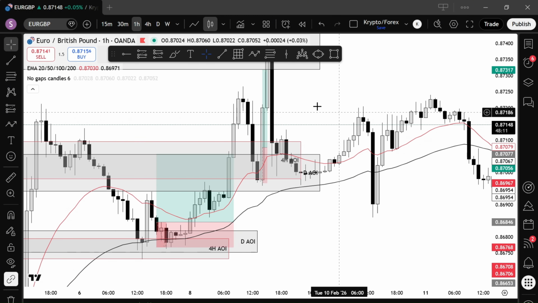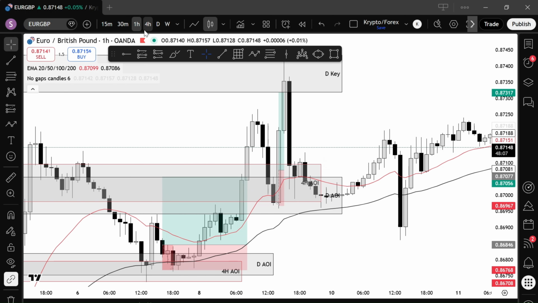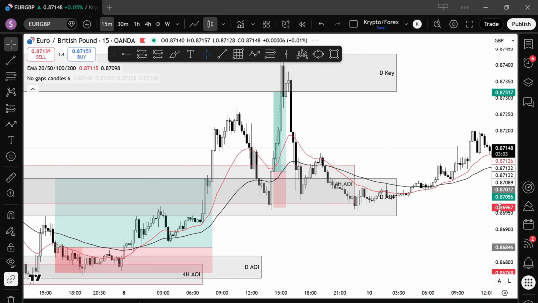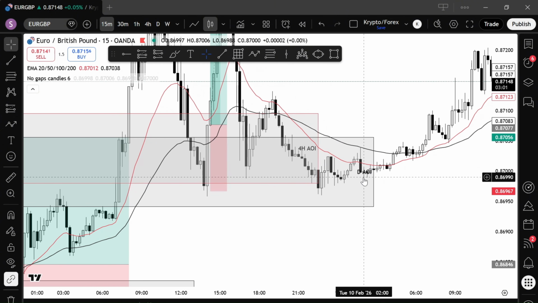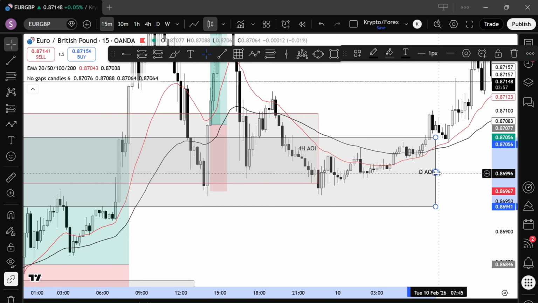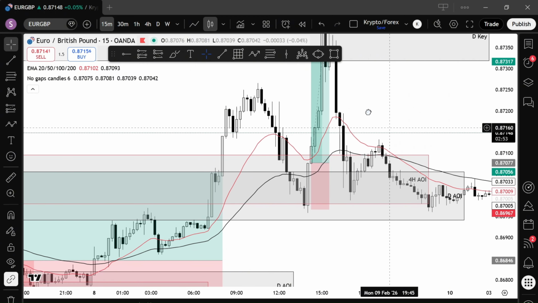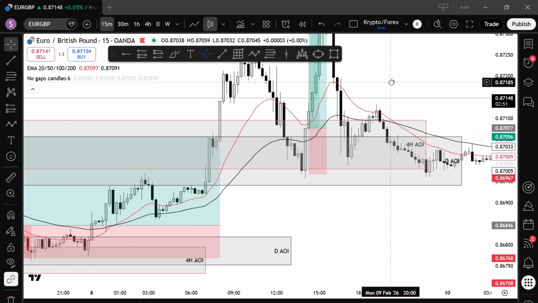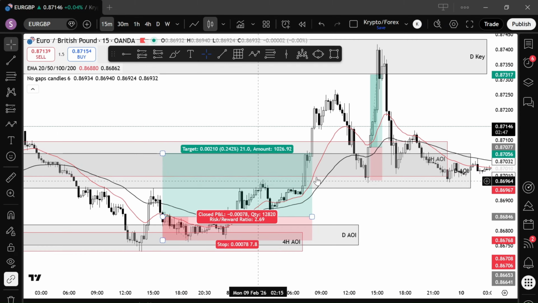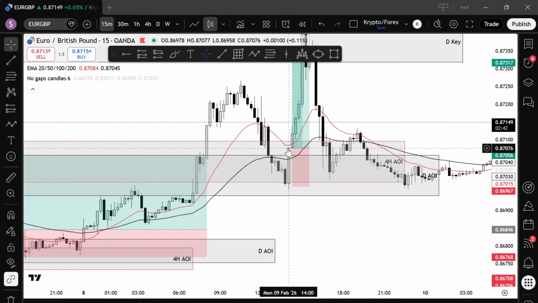So I wanted to take another trade off of these 2 area of interest. I'm sorry that you can't see it really good because of the annoying chart right here. This is our daily area of interest, and our 4-hour. We got a big push already, but here it would have been way too big, and here it's just one 15-minute candle and a beautiful engulfing.